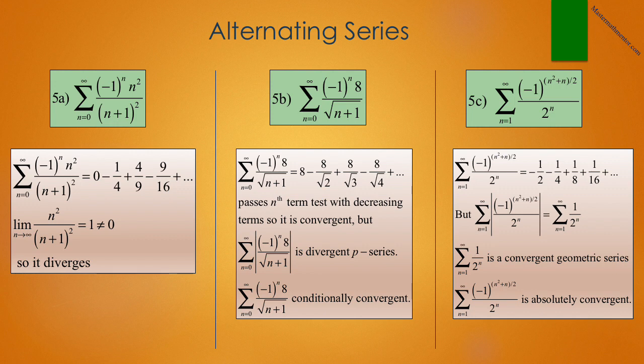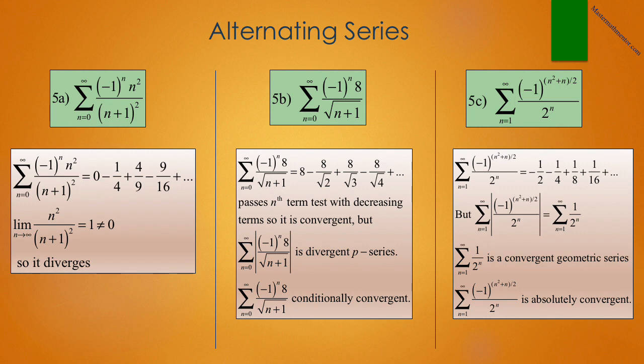C reads summation n equals 1 to infinity of negative 1 raised to the n squared plus n over 2, all over 2 to the n. Here's an example where writing out the series will really help us to see what's going on.